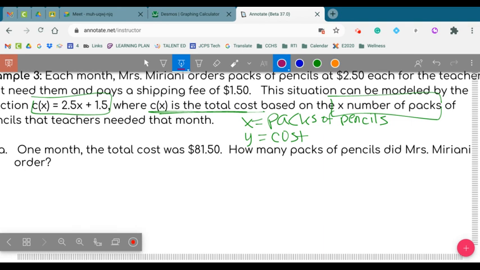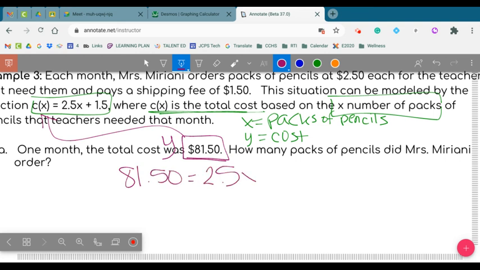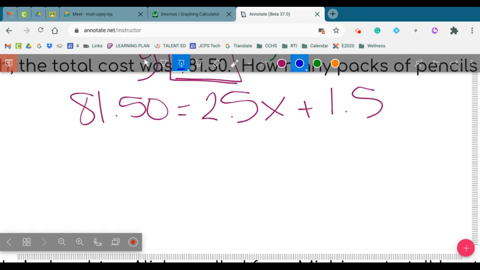So if she says in 1 month the total cost is $81.50, how many packs of pencils? She gives us our y value, so that means we have to plug in our y to get our x. So we're going to have $81.50 equals 2.5x plus 1.5, and we're going to solve. Remember, we have to move our term without our variable first, so we're going to subtract 1.5.